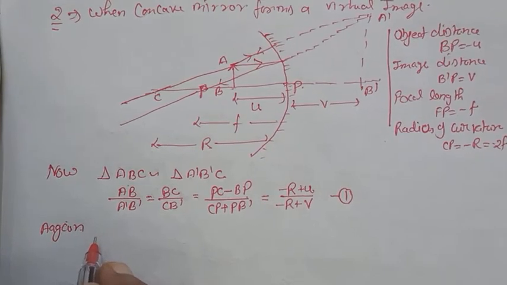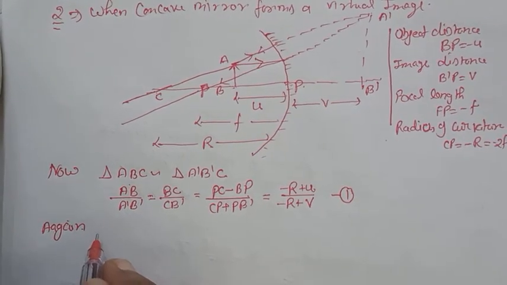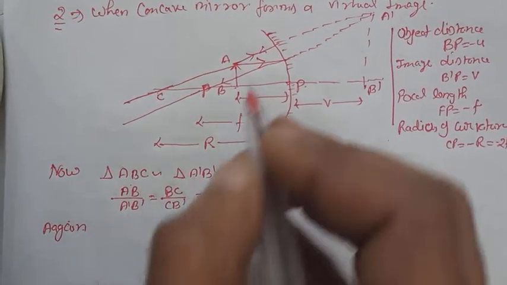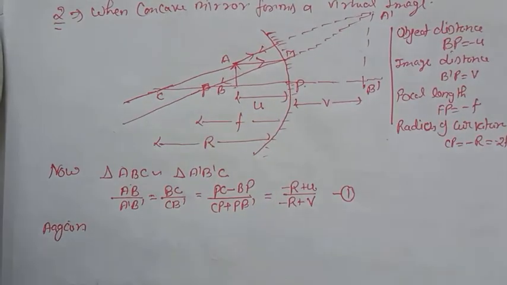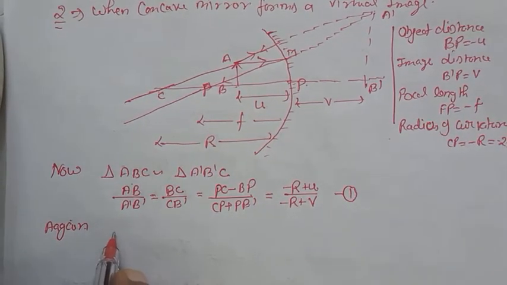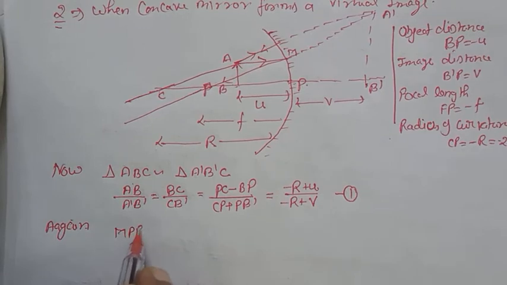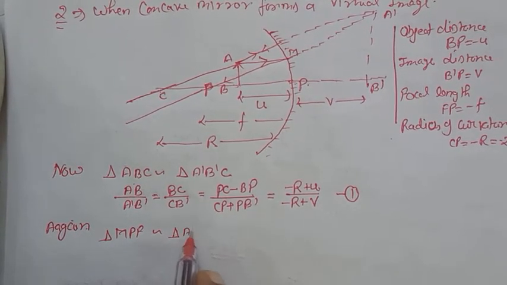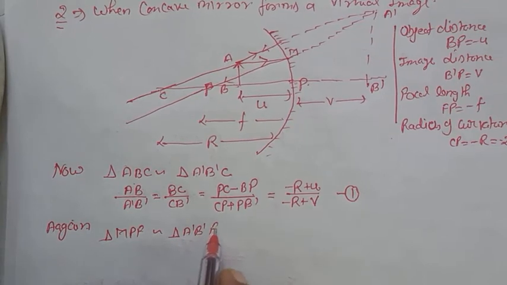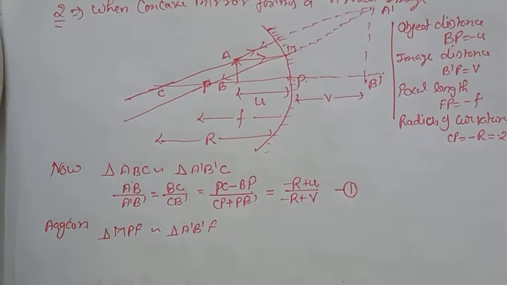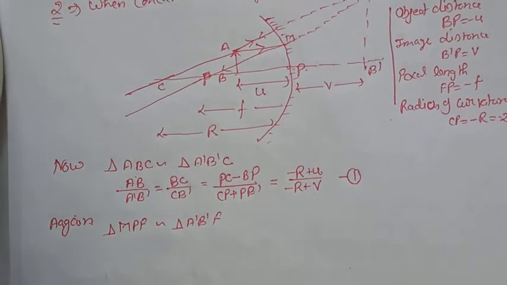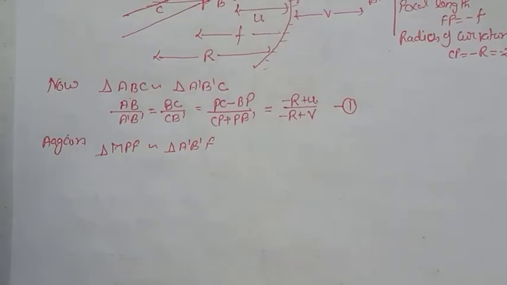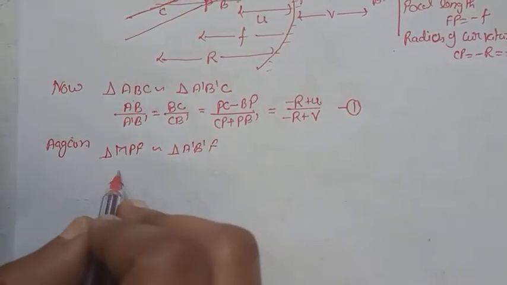And again taking a similar triangle, this one is M, similar triangle MPF, equivalent to A dash B dash and F. Again we are taking the ratio of their heights.